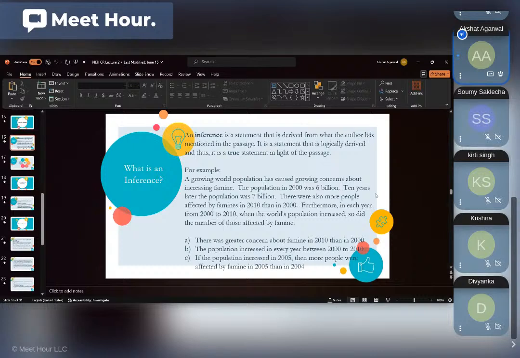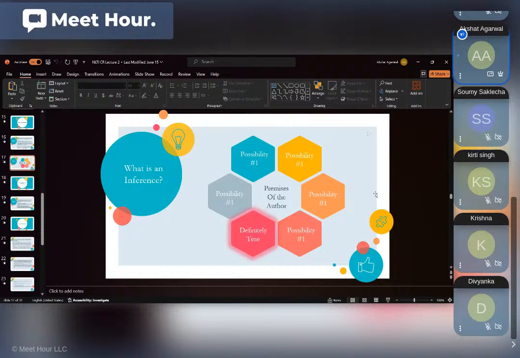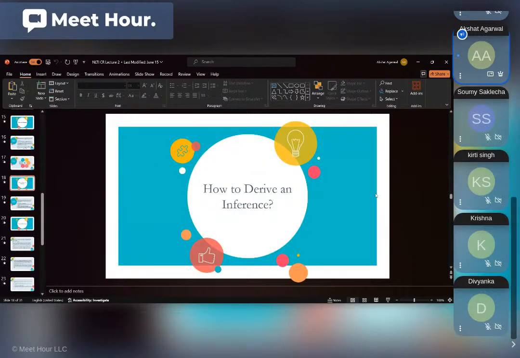But that's not necessarily true. Maybe in 2005 and 2006 the population remained almost the same. Maybe in 2007 the population dropped, right? So option B is a possibility, but it's not definitely true. So in inferences, try to pick up those statements which are definitely true.